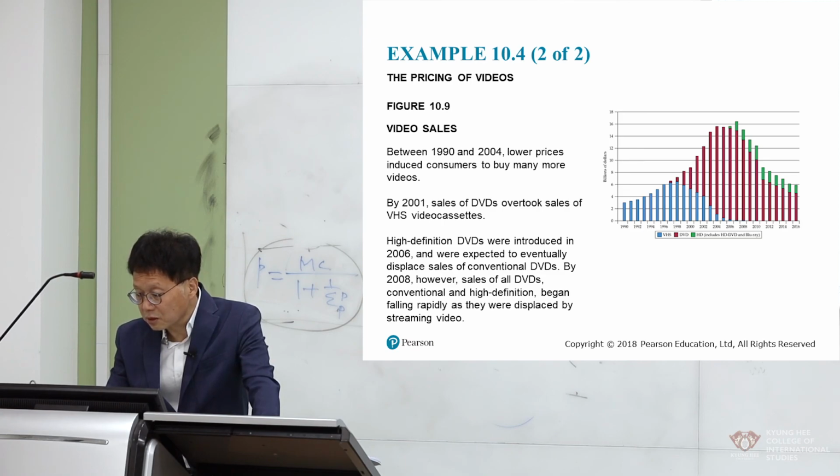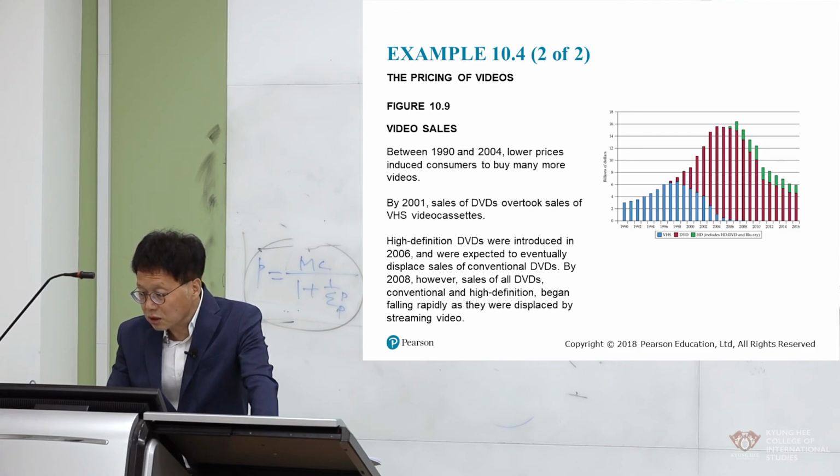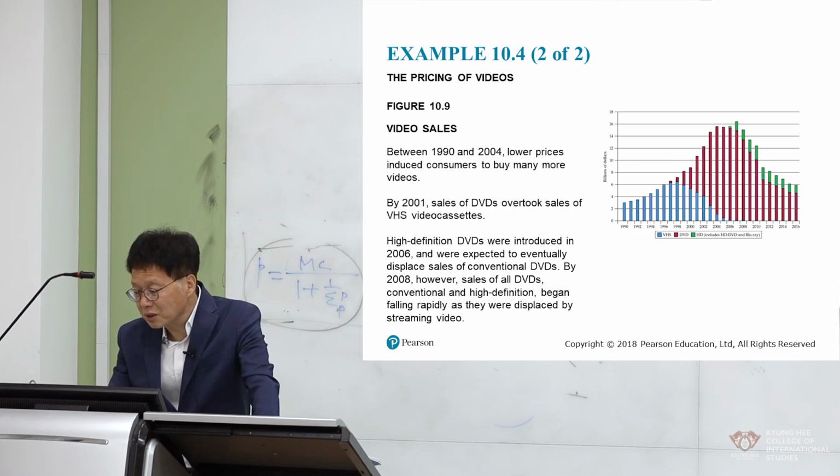You can see a very small one, but you can see this one, right? They were expected to eventually displace sales of conventional DVDs by 2008. However, sales of old DVDs, conventional and high definition, began falling rapidly as they were replaced by streaming video.